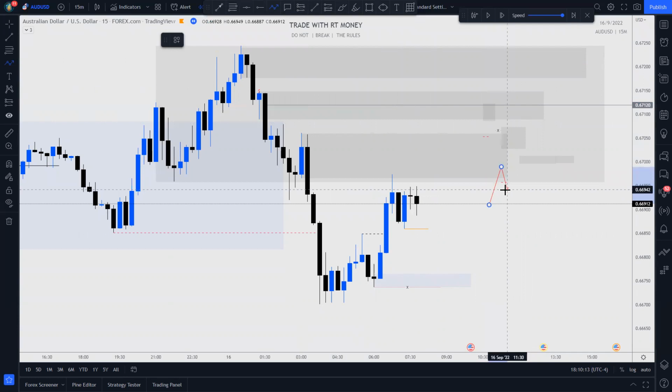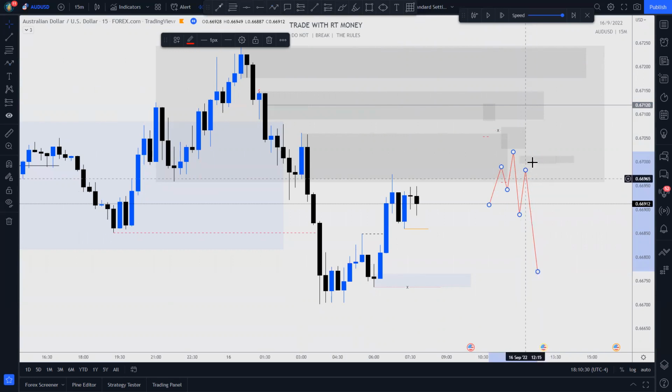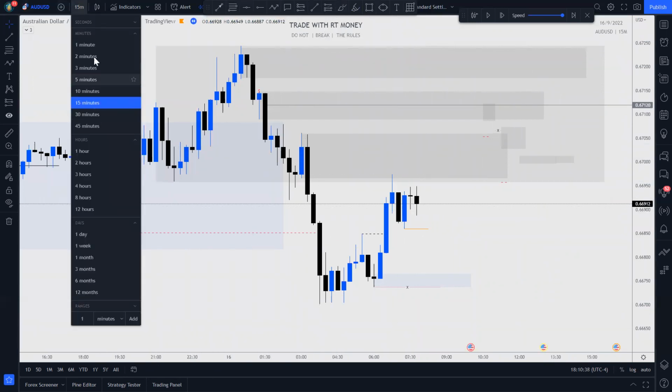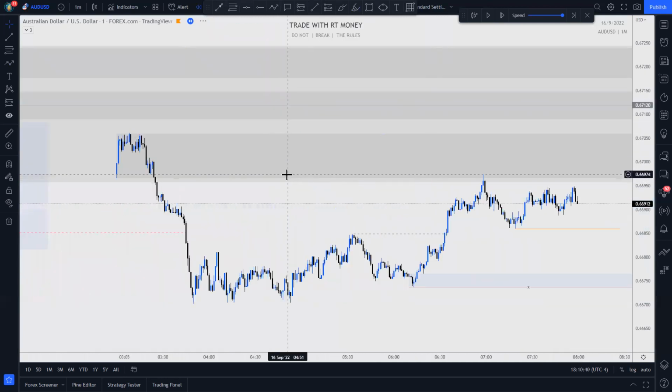It's as simple as this: a pull, a push up, a pull back, a higher high, a lower low, breaking that low. That's the market structure break. Then I'll look for price to pull back up, so I can take that high probability trade to the downside. This is my trading model. That's my entry. So when price hits my POI on the 15-minute, I'm coming down to the 1 for my entry.